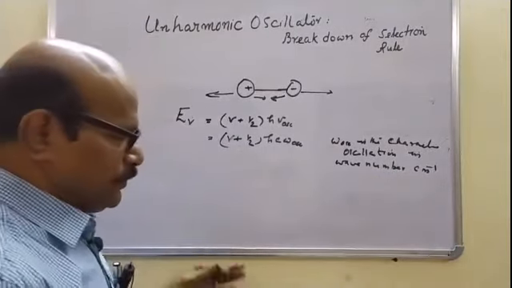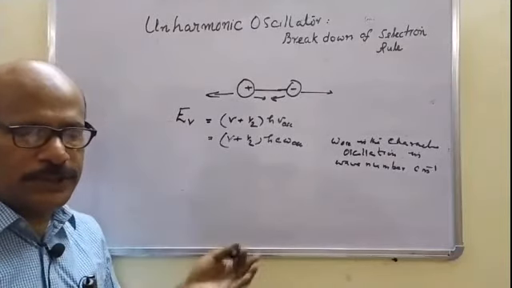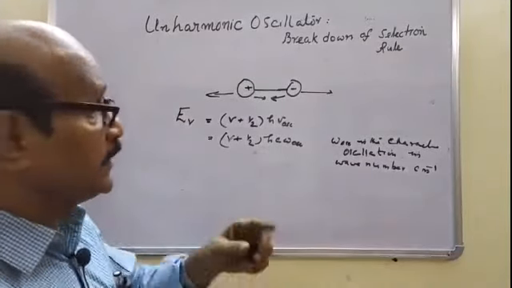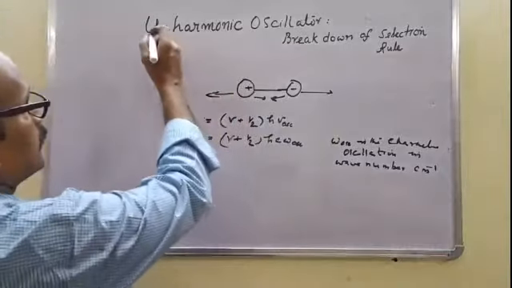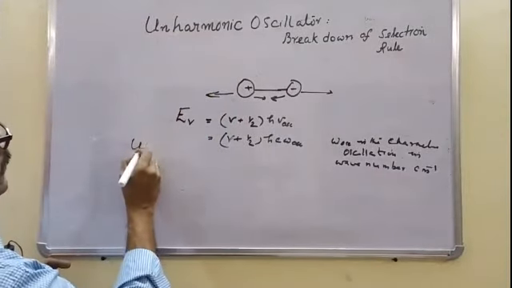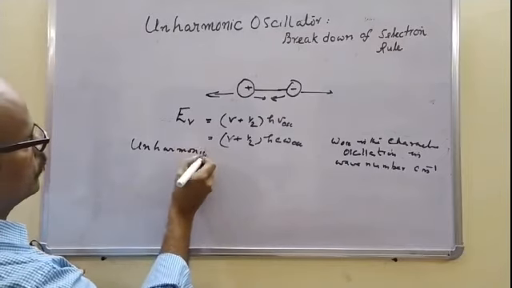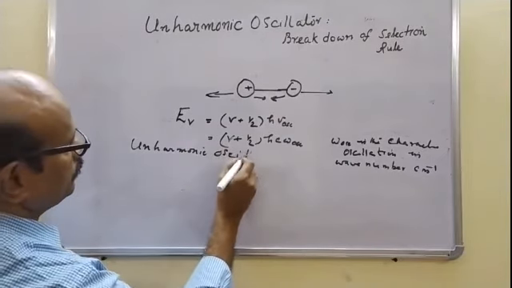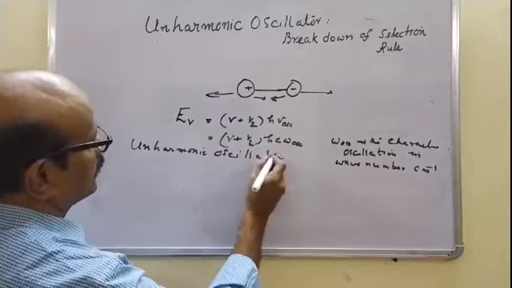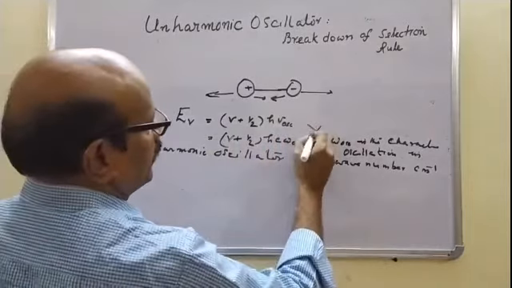But since the oscillation is not going to be ideal harmonic, it is unharmonic. So in the case of an unharmonic oscillator, this equation is not going to be valid.